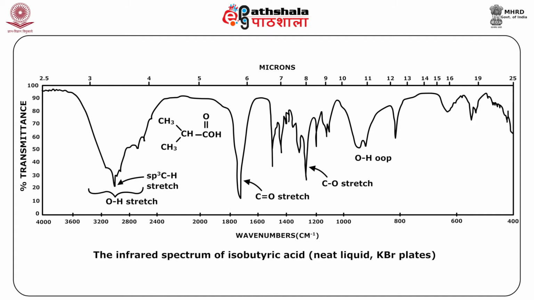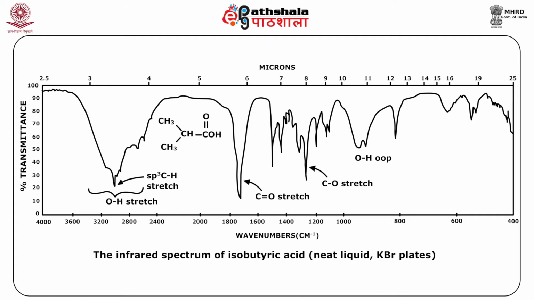In addition, students, carboxylic acids show a characteristic CO stretching band near 1240 cm⁻¹, and in-plane and out-of-plane OH bending bands at 1430 cm⁻¹ and 930 cm⁻¹ respectively. These bands are of medium to low intensity.